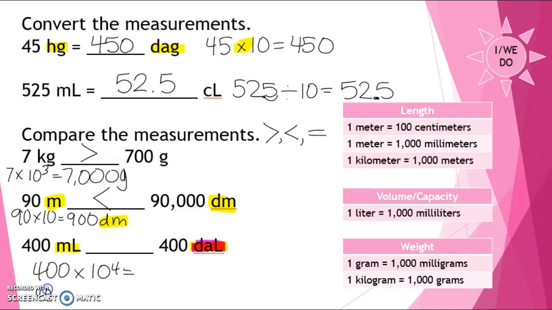So that's the same thing as 400 times the 1 digit with 4 zeros behind it. That's the same thing as 400 times 10,000, which is, boy, oh boy, 4 with 1, 2, 3, 4, 5, 6 zeros.